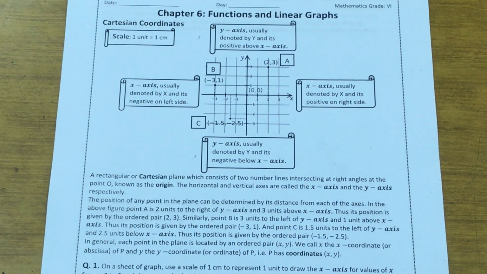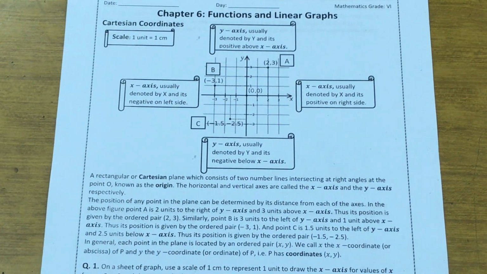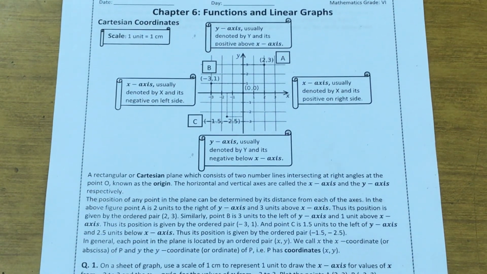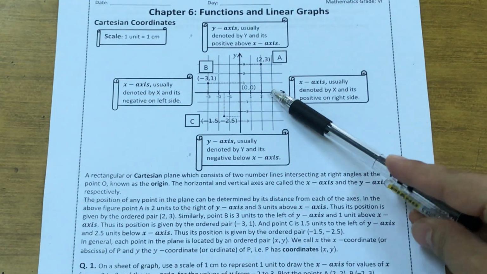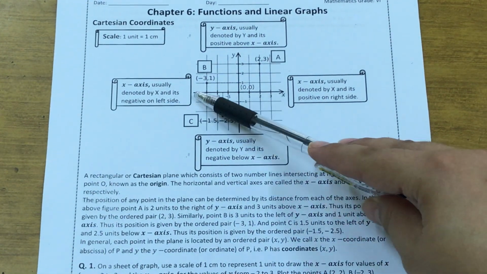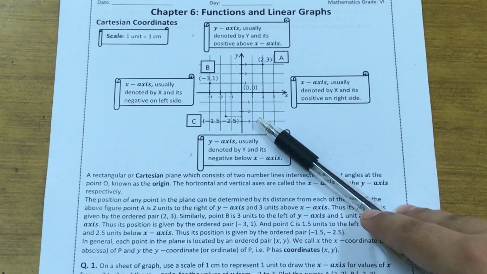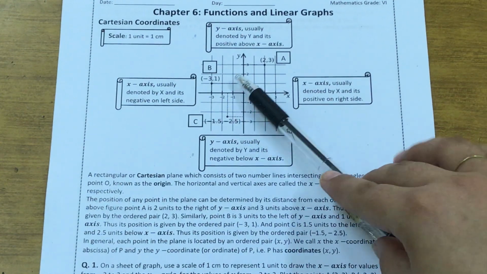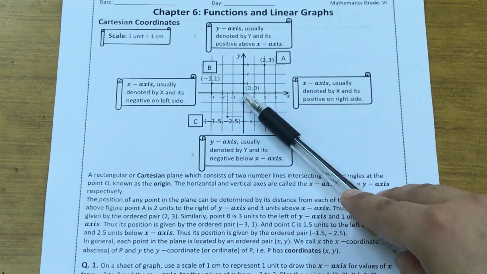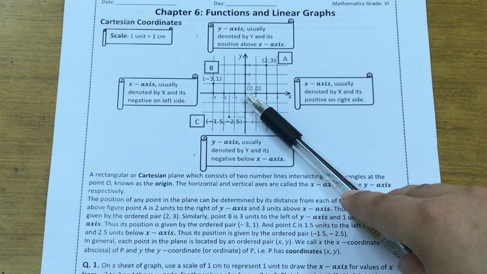Dear students, a rectangular or Cartesian plane consists of two number lines. These two number lines, you can see, are perpendicular lines, and they intersect each other at a right angle.